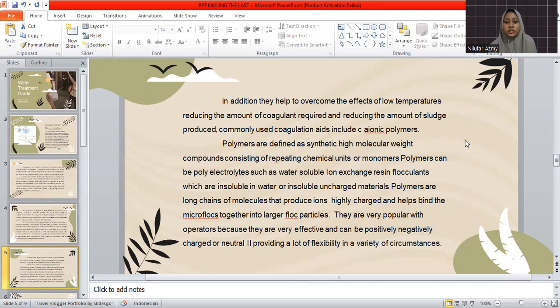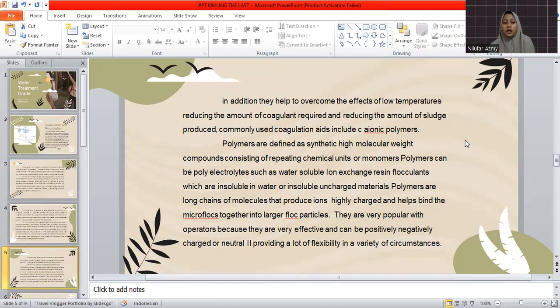Commonly used coagulation aids include ionic polymers. Polymers are defined as synthetic high molecular weight compounds consisting of repeating chemical units or monomers. Polymers can be polyelectrolytes, such as water-soluble ion exchange resins, which are insoluble in water, or insoluble uncharged material.